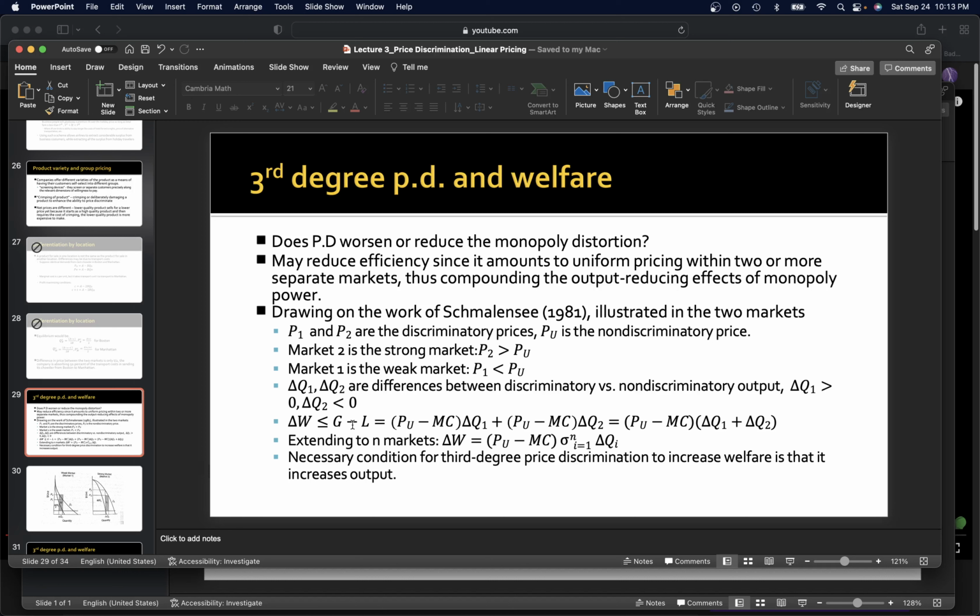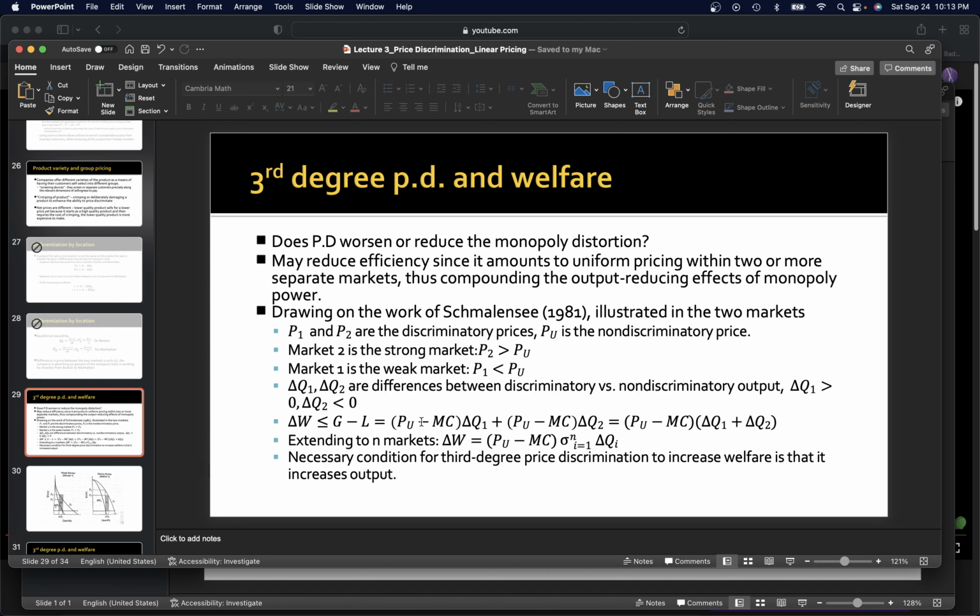That means if there's ever a positive number here, then that is sufficient for you to see benefits from moving to differential or discriminatory prices. The usefulness of this method is seen in this calculation.